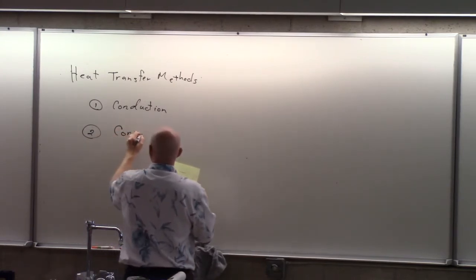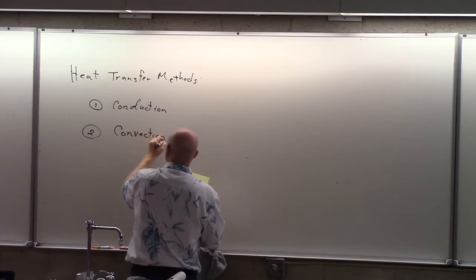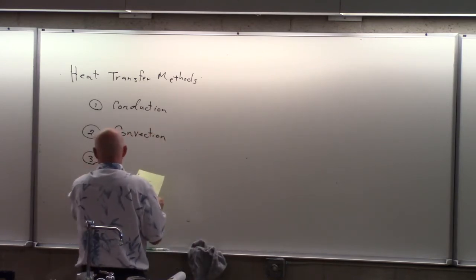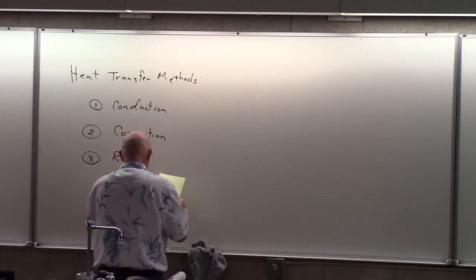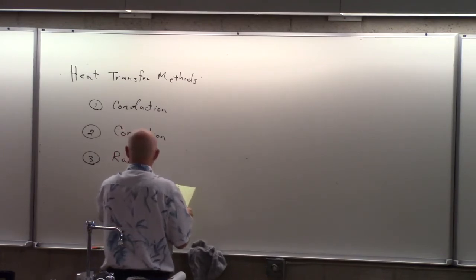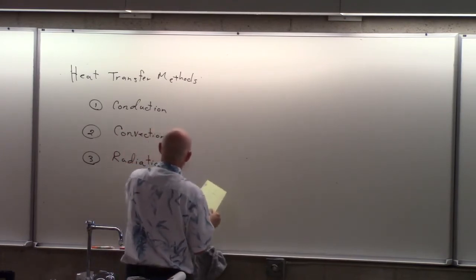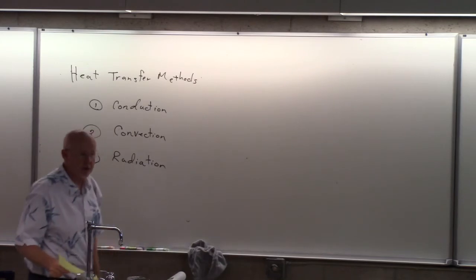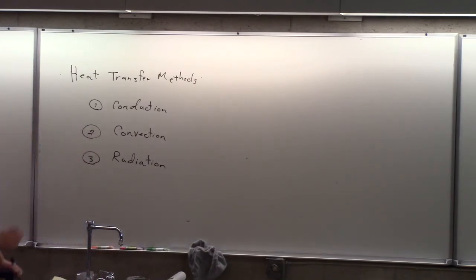The other one is called convection, and the last one is going to be a little challenging because we really haven't done our waves yet. That's the next section coming up as we come to the end of the semester, but it's called radiation. And I should be careful with that word. I don't mean like poison, toxic radiation, but let's talk a little bit more about that word. But it's radiation.